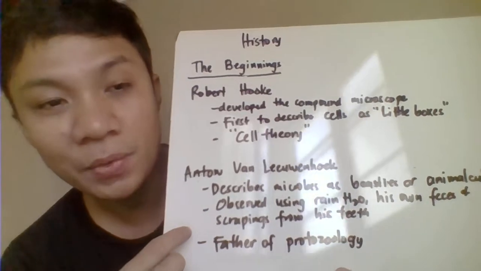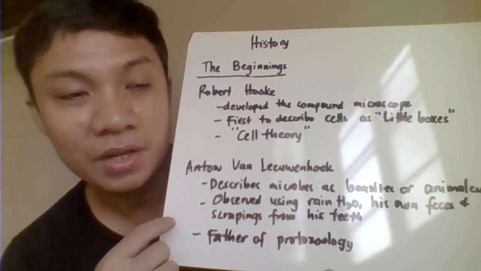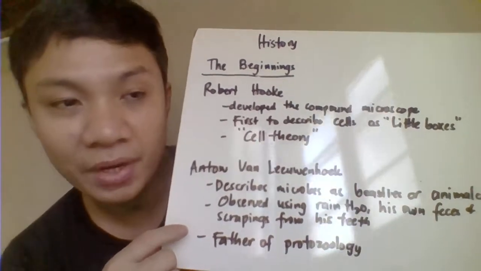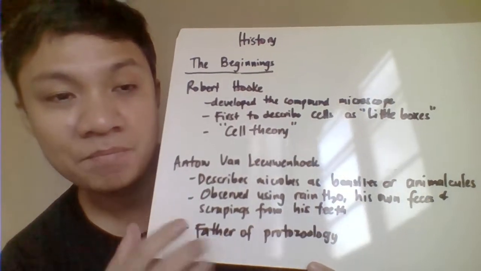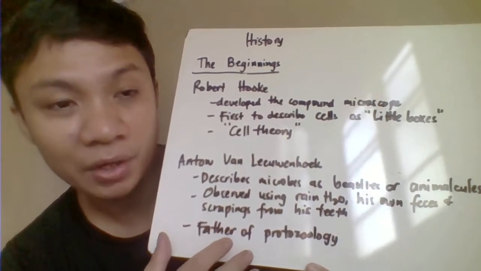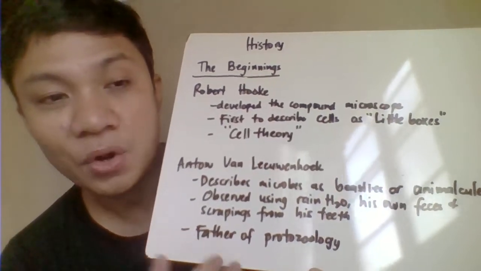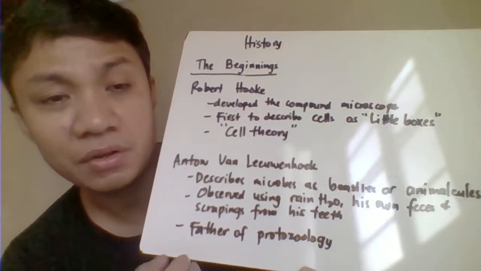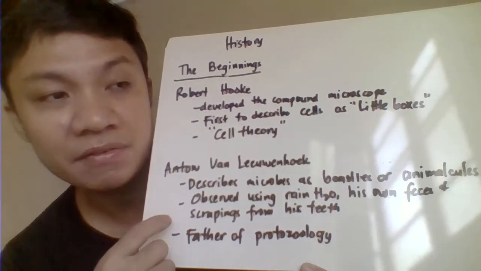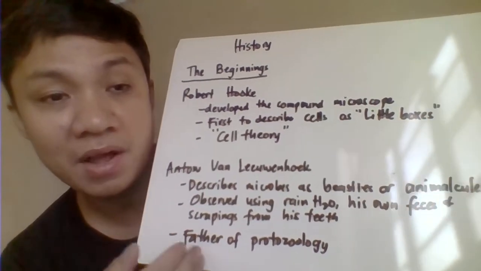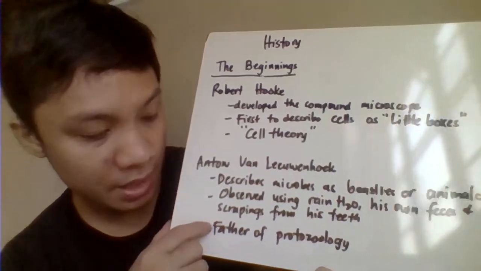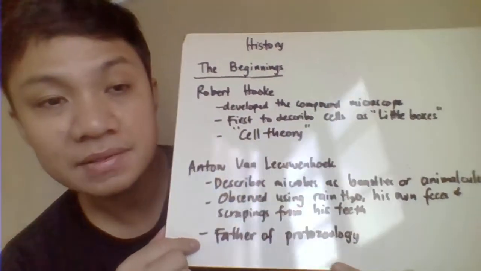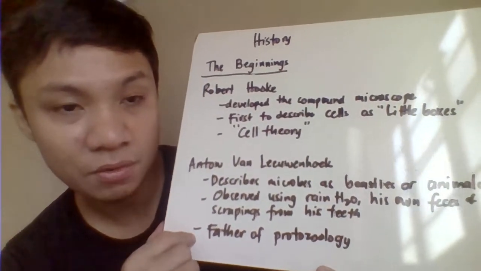He used his microscope to identify different microorganisms, using rainwater as a sample, his own feces, his own urine, and scrapings from his teeth. Therefore, Anton van Leeuwenhoek was considered the father of protozoology.